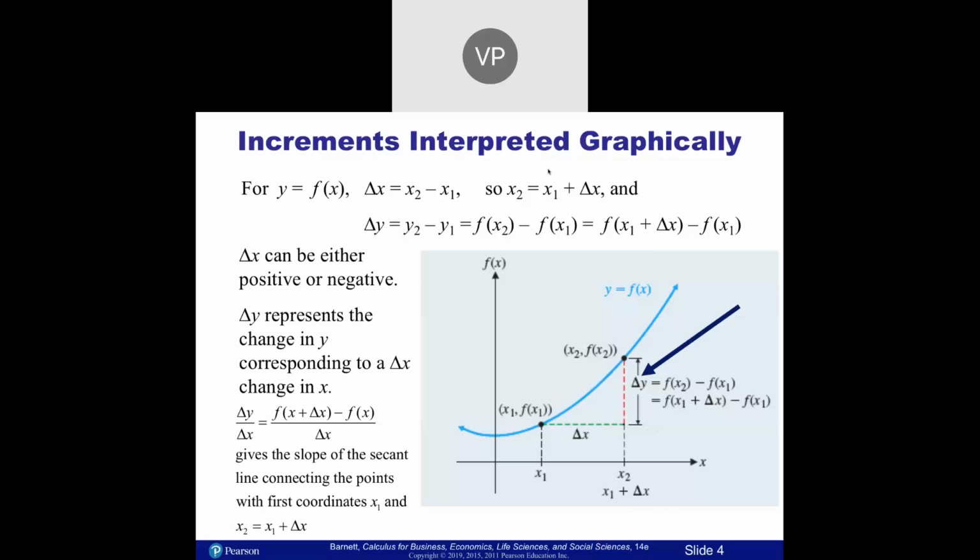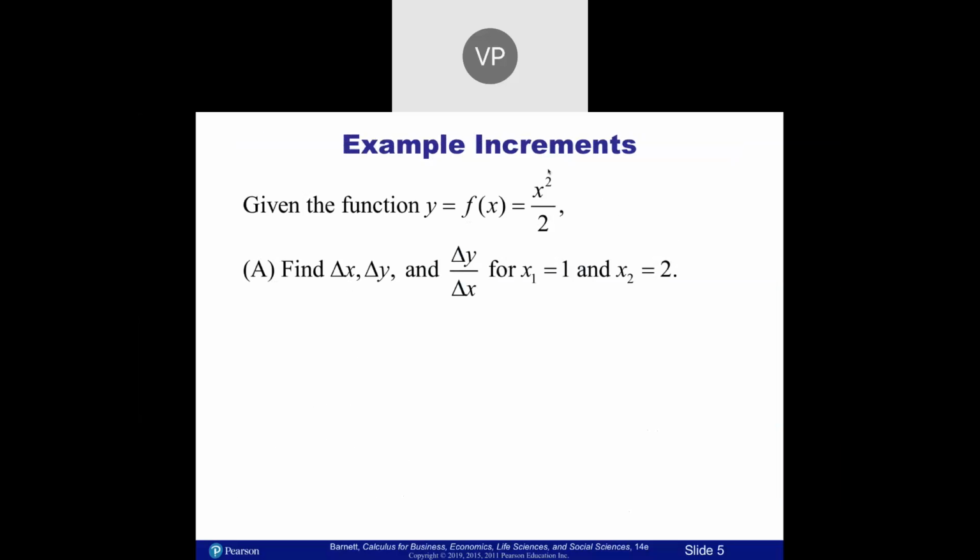All right, now we have a function here. We want to find delta x, delta y, and then delta y over delta x for the first x is 1, the second x is 2. All right, so the first one, the easy one. To get delta x, we just subtract x2 minus x1. That's a 2 minus 1. There is a 1. Not so bad.